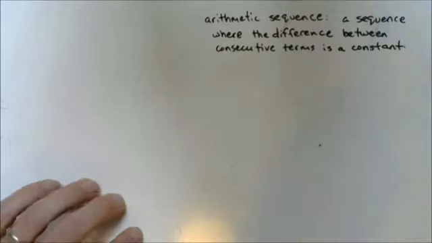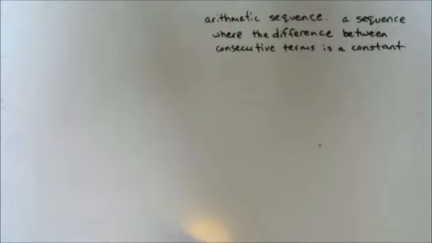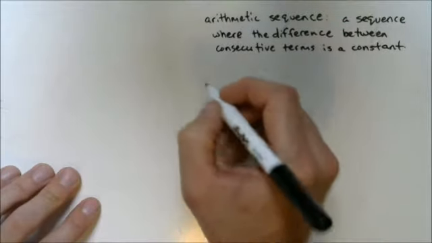So you can test if a sequence is arithmetic simply by taking the first differences. And if you take the first differences and it's constant, then you know it's an arithmetic sequence. It means you got from term to term by adding or subtracting a constant value. This constant is called the common difference.